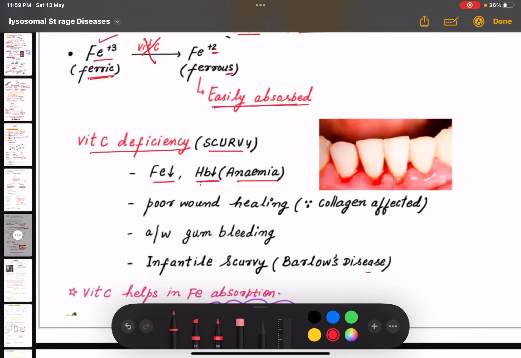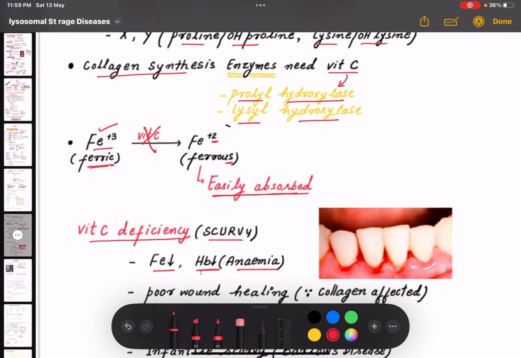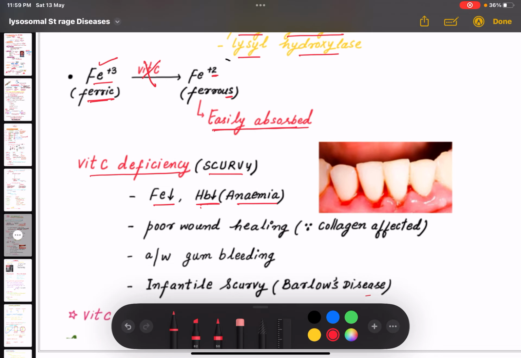Also remember, I have told you that the wall of the blood vessels needs vitamin C, or you can say the wall of the blood vessel contains collagen, which is very important for the wall of the blood vessel. If vitamin C is deficient, collagen will not be formed properly, because the enzymes of collagen are affected.